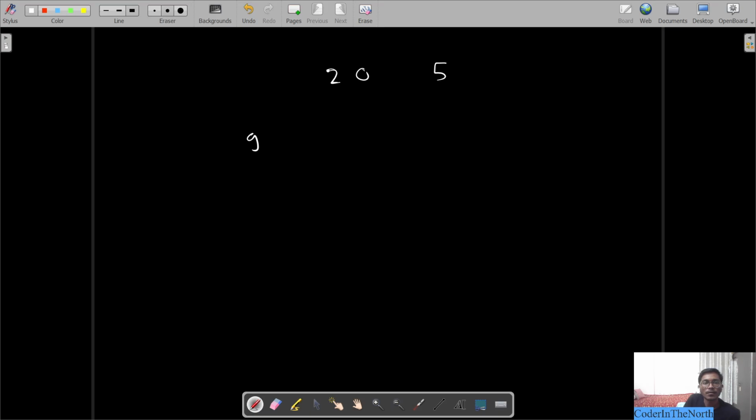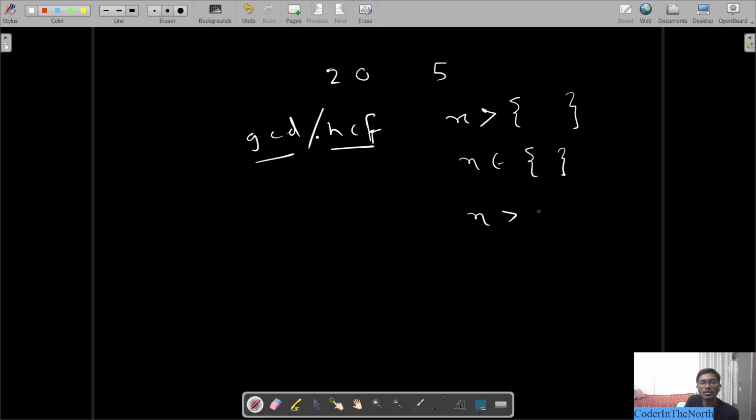So what is GCD? GCD or HCF, highest common factor, greatest common divisor. The meaning is the same. So what we have to find? We have to find a number x which is the greatest in the set. Like x belongs to the set and x is the greatest of all numbers which are in the set.